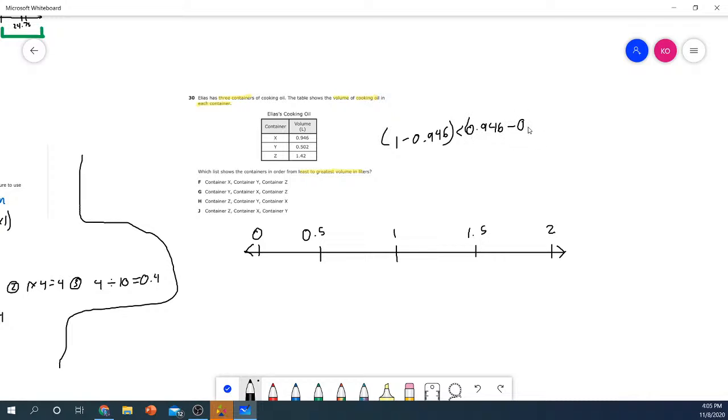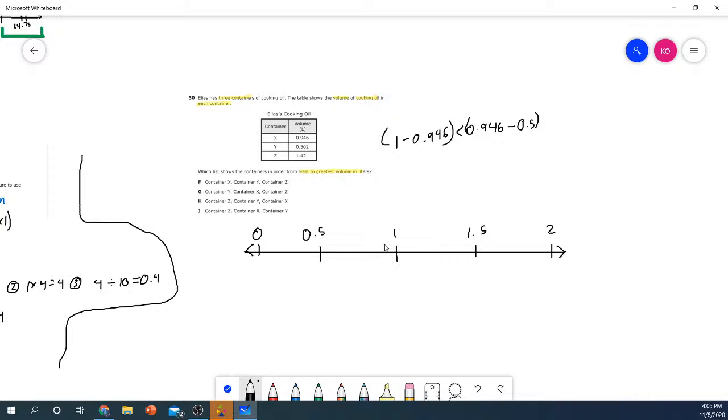So because this number is less than this number, 0.946 will be closer to 1.